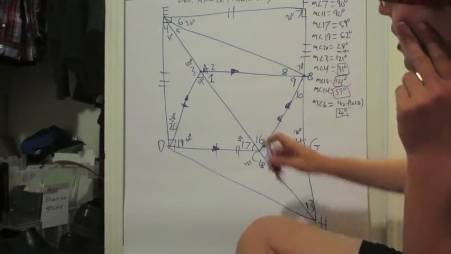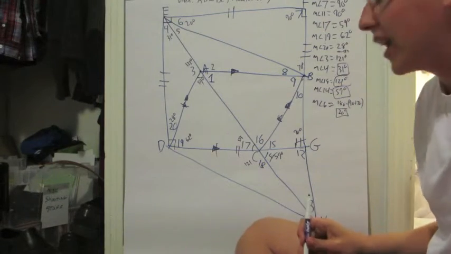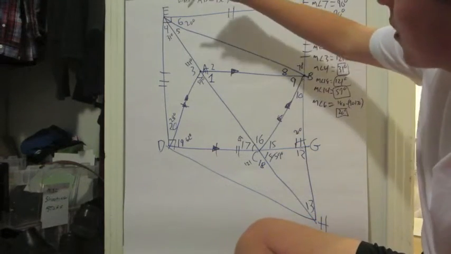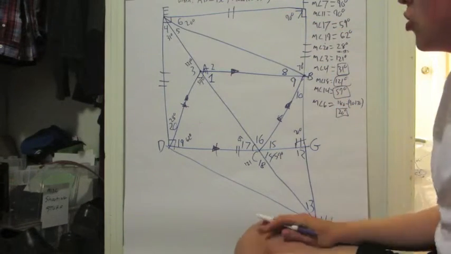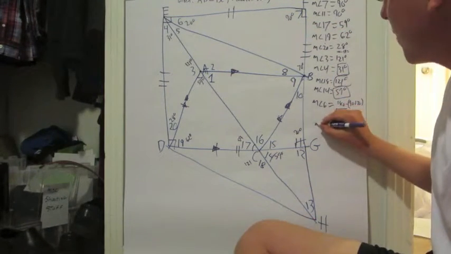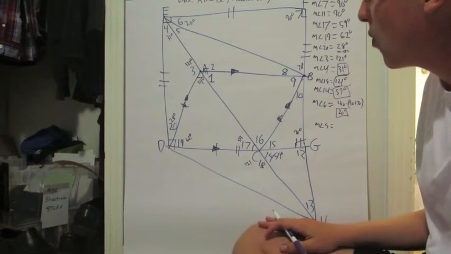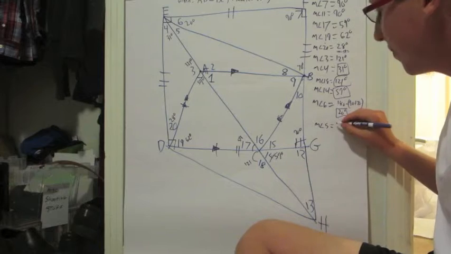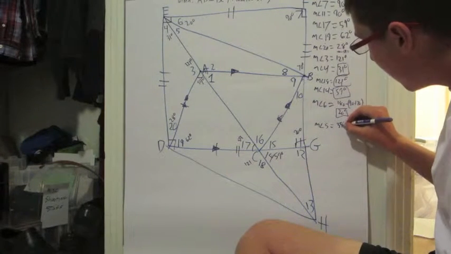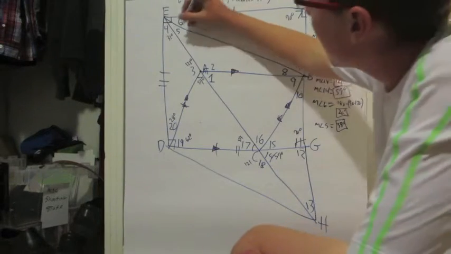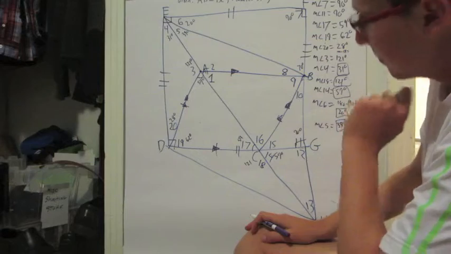So if we know these two parts in this right angle, we can figure out this last part. To figure out the measure of angle 5, we can do 90 minus 31 plus 20, which would be 39 degrees for the measure of angle 5.